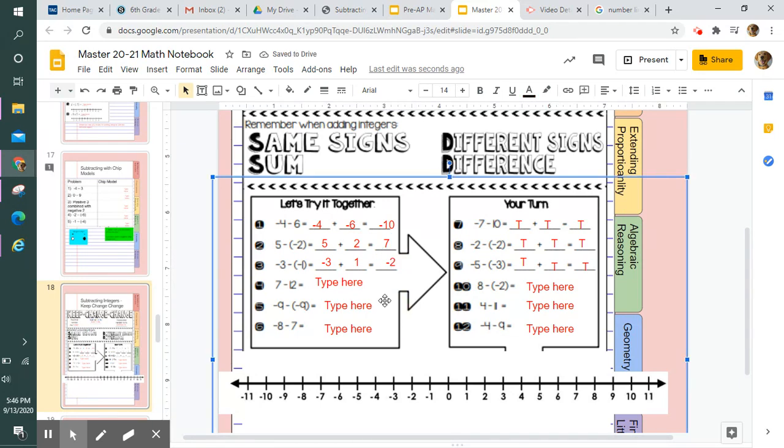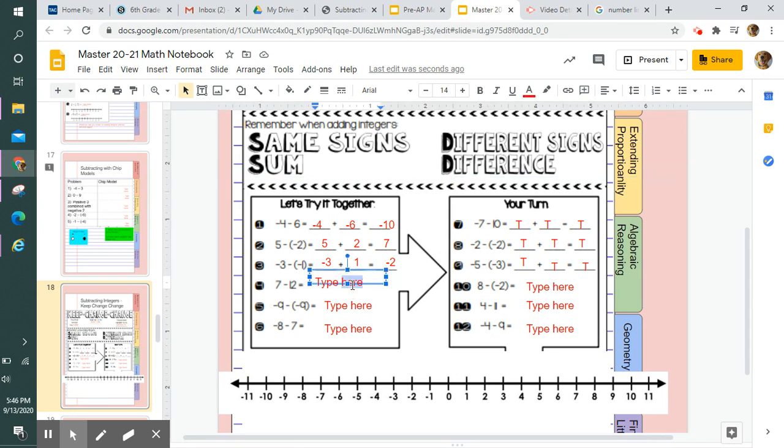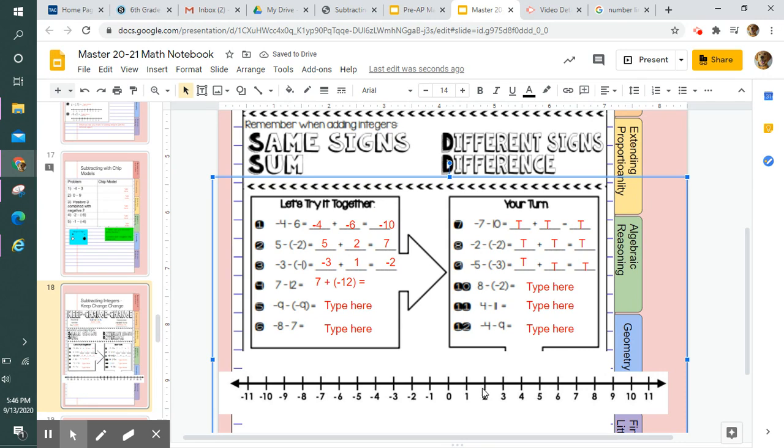Okay, -2. Now we're going to try these ones. We have to type the whole thing now. All right, so we have 7 minus 12. We're going to keep 7, change subtraction to addition, and change +12 to -12. So we have 7 plus -12.